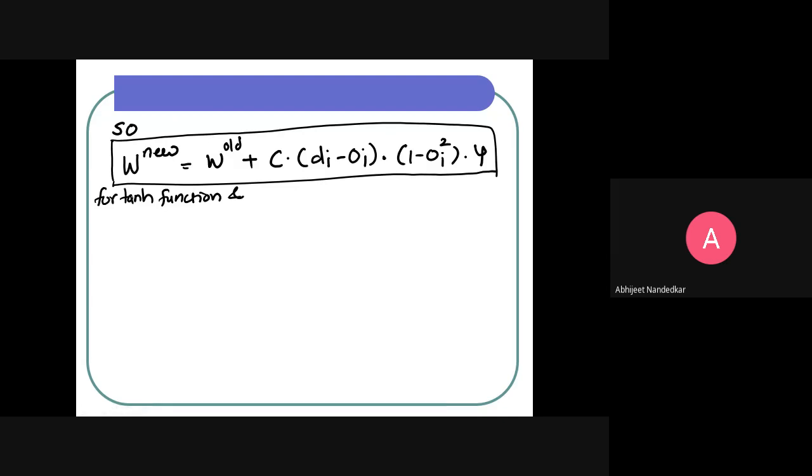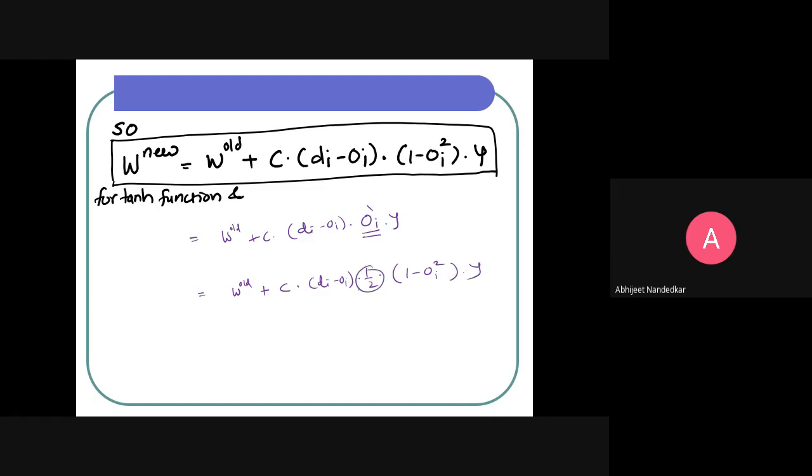So I know that this is W old plus C into DI minus OI into OI dash into Y. So this OI dash I can replace with C into DI minus OI into half into 1 minus OI square into Y.